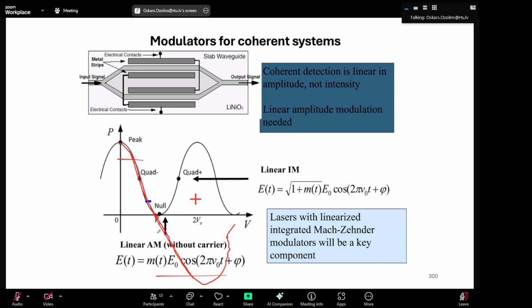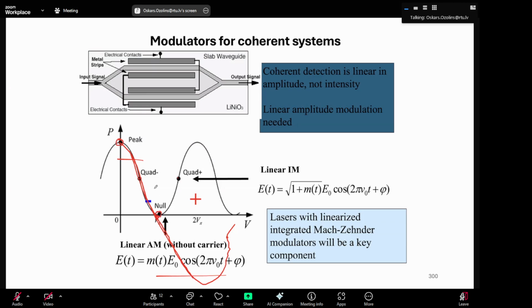And here's one more important point: when you operate an IQ modulator, in power you operate at the lowest point. For example, if you put the light here as input and tune the bias in these electrodes, then at some moments you will get a maximum value, and at some moments you will get a minimum value.